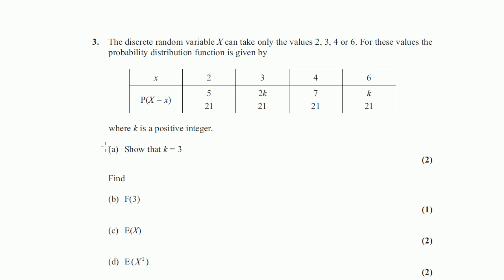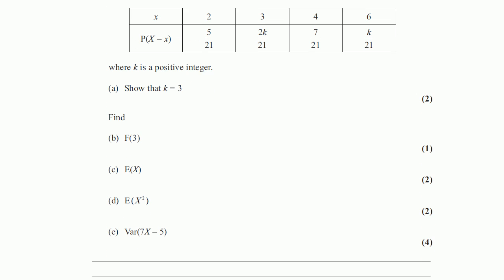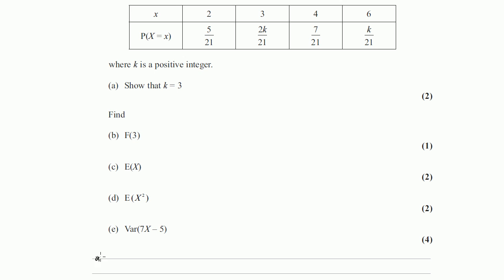So let's start. We have the discrete random variable x that can take only the values 2, 3, 4 or 6. For these values, the probability distribution function is given by this. So find the constant k and show that k equals 3. So all you have to do is add up all the probabilities and show that the total probability is 1. So 5 by 21 plus 2k by 21 plus 7 by 21 plus k by 21, total probability is 1.